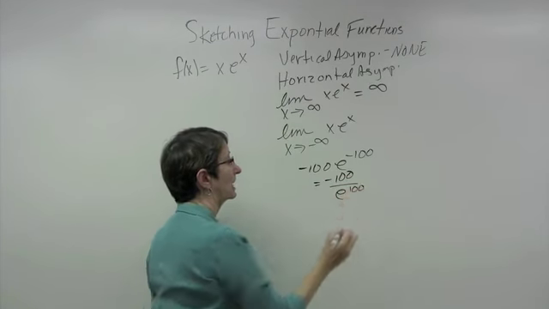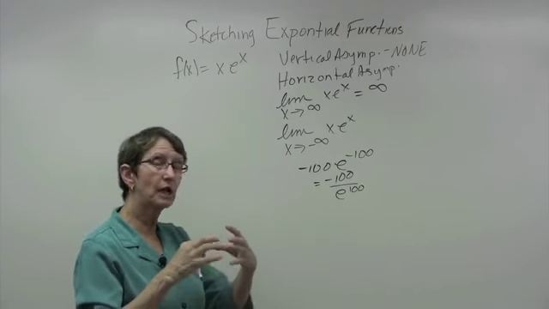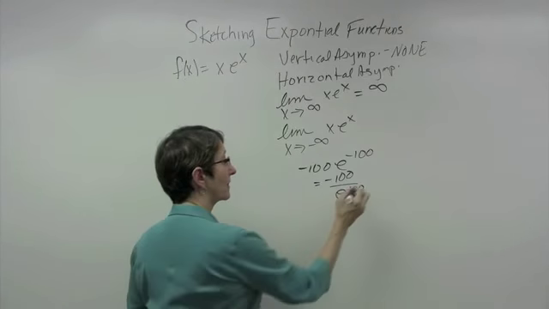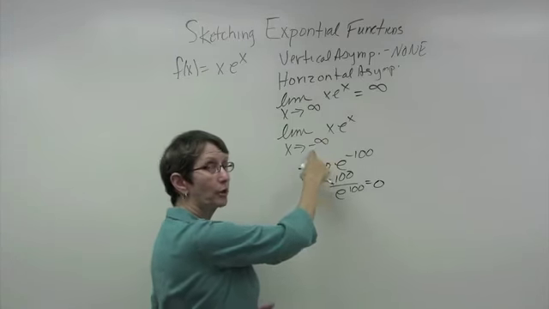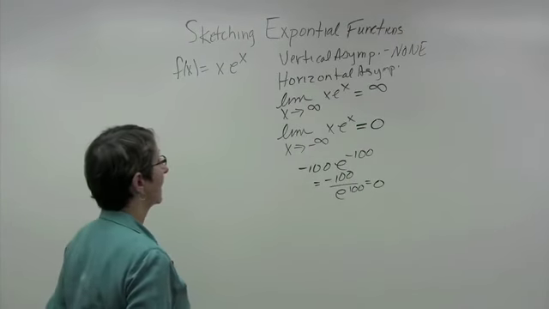If you look at it this way, this denominator is huge, and the numerator stays negative 100. So a fraction whose denominator gets bigger and bigger, while the numerator does not change, goes to 0.